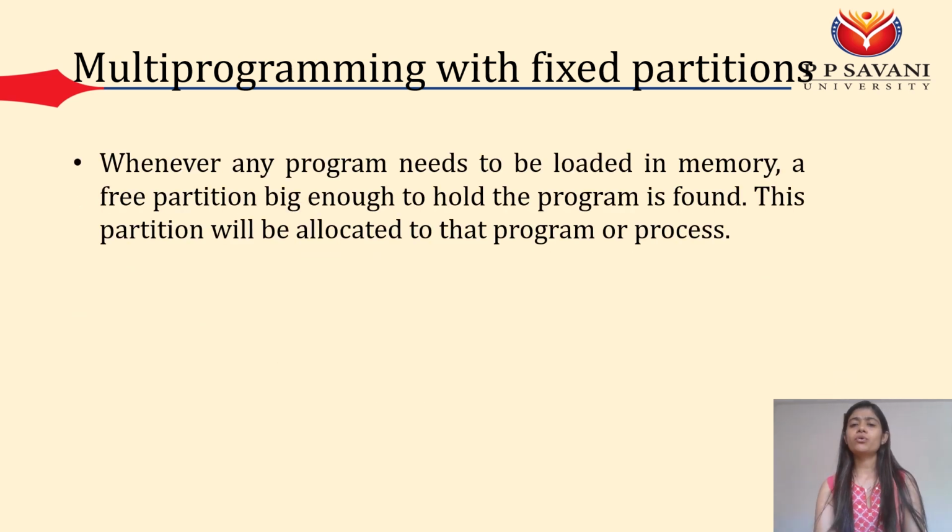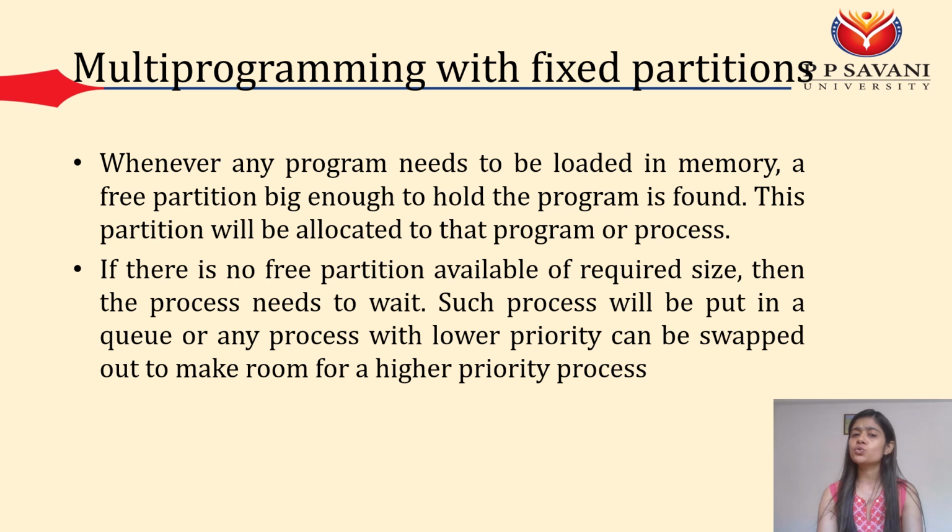Whenever any program needs to be loaded in memory, a free partition which is big enough to hold that program is going to be found, because which technique are we currently learning? Contiguous allocation. So consecutive address space is going to be allocated to that particular process. That partition is allocated to the program which is big enough to hold it. If there is no free partition available of the required size, then the process needs to wait.